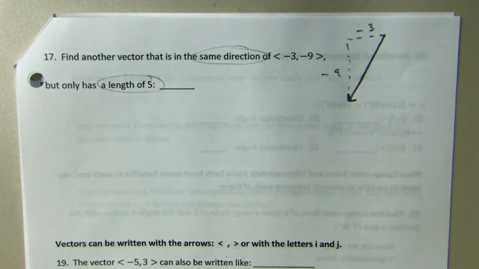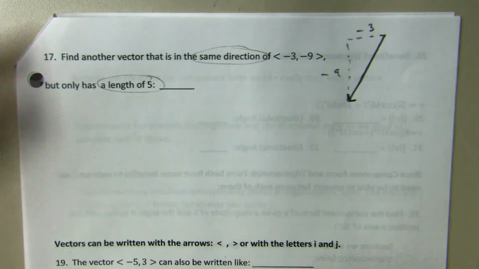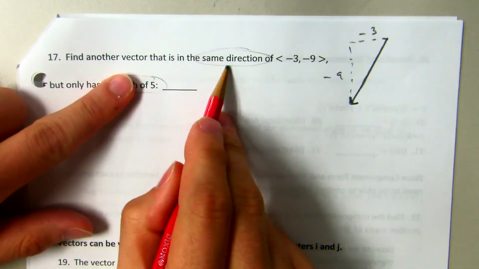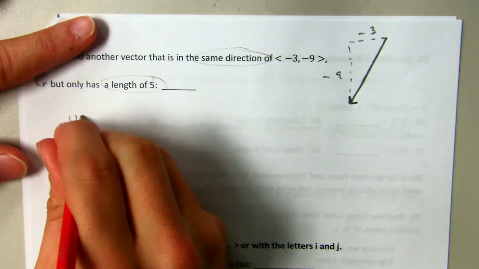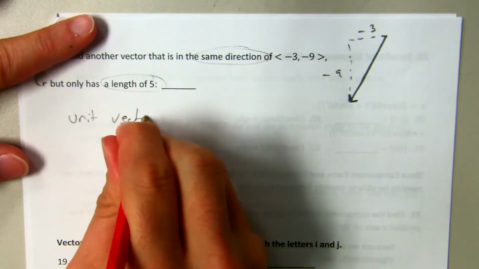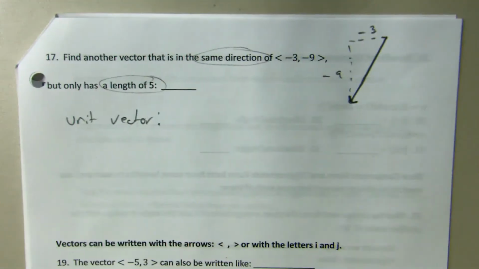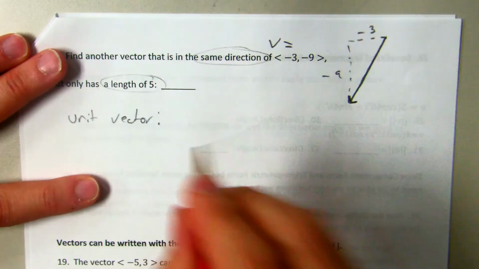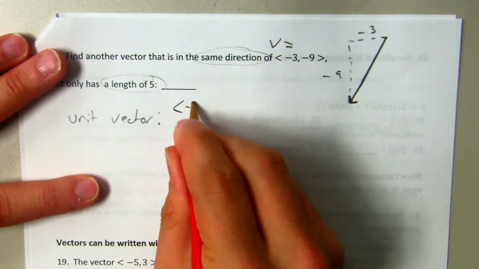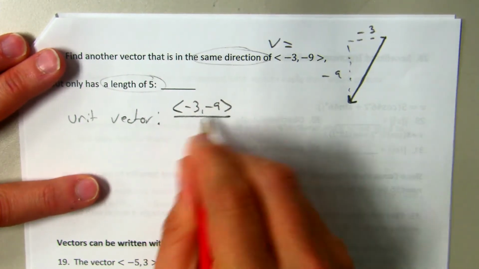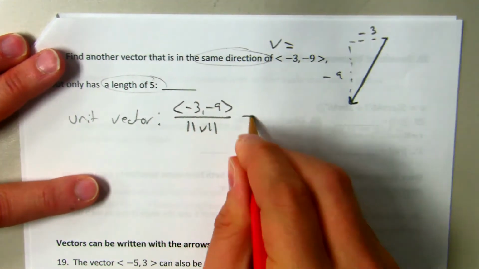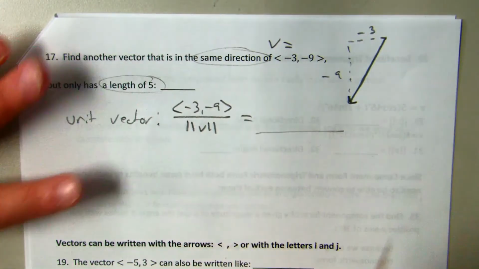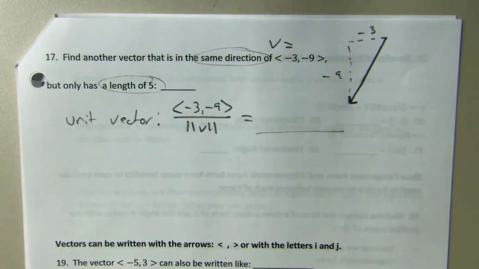So you need to understand that your first hurdle is to find a vector in the same direction that has a magnitude of 1. So we're going to get that by taking this, call this vector v. If I took vector v and divided it by its magnitude, that would be its unit vector. But that implies that I know what its magnitude is.